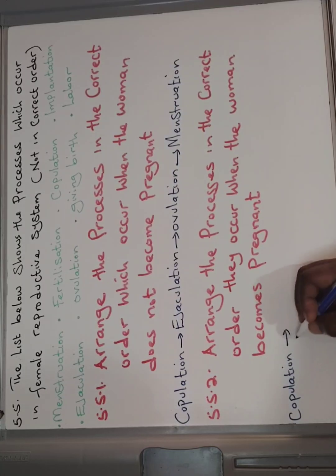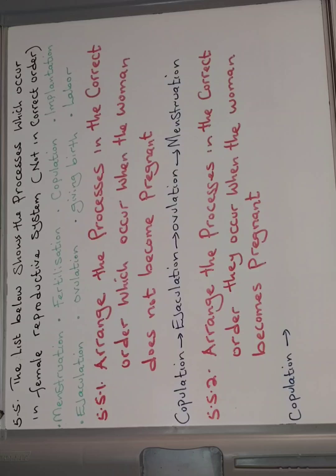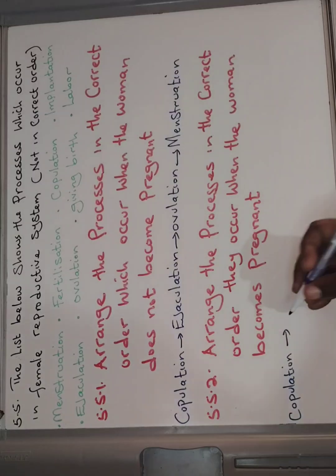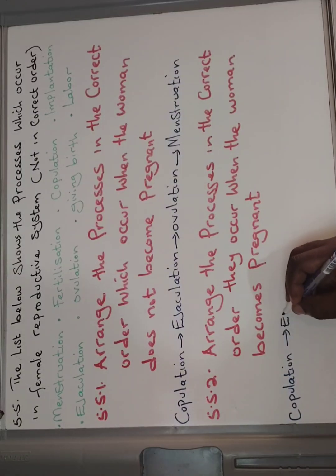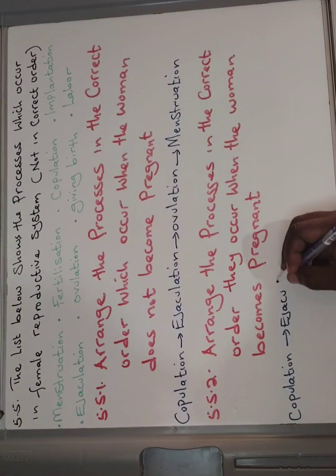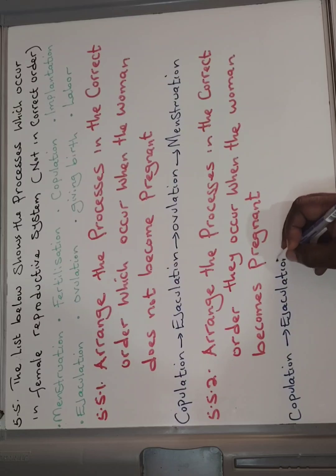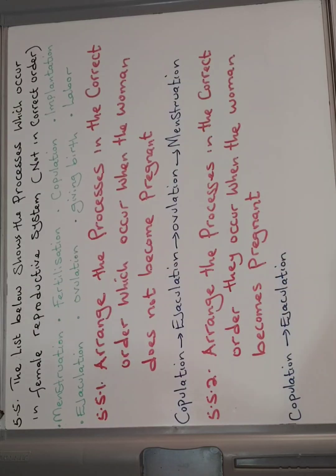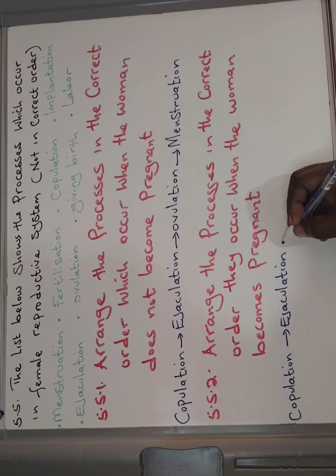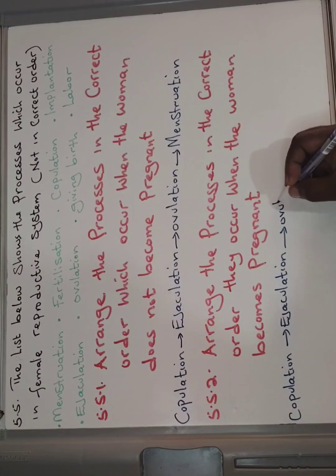Copulation is that process which leads to release of sperms. So copulation leads to ejaculation. Suppose it's that very right time that ovulation will occur.